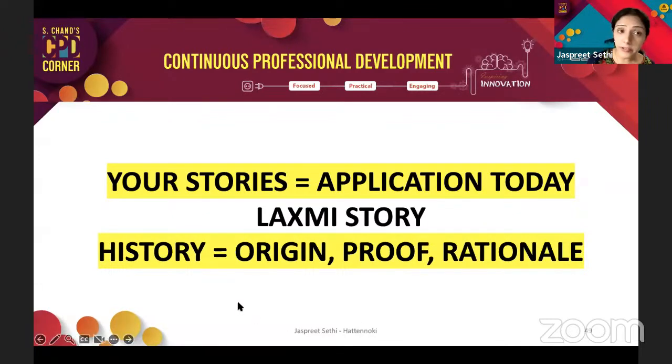But our history is equally important because it tells us about the rationale, the origin, the proof, when we have all these students who like enrichment, who like logic, and they do not want to be just told this is how we do it. So a lot of history helps us bridge that gap and get our students to really appreciate where something is coming from.